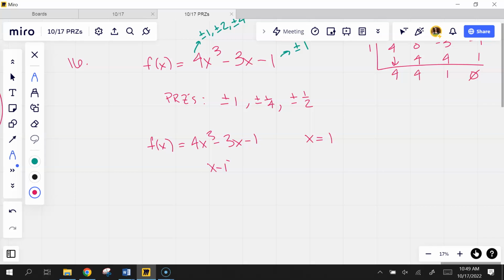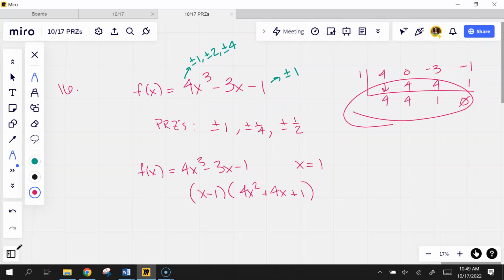So x minus 1 times 4x squared plus 4x plus 1. Yep, that's what it means when you get a remainder of 0, that you found a 0.